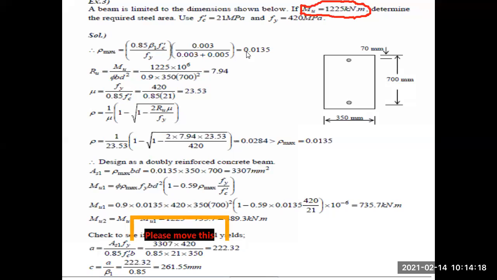It's okay to consider that to be the amount of steel that you have designed for that much moment.